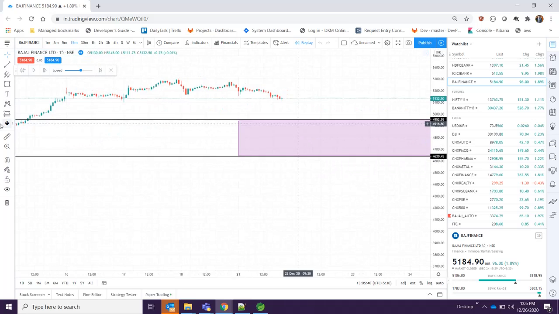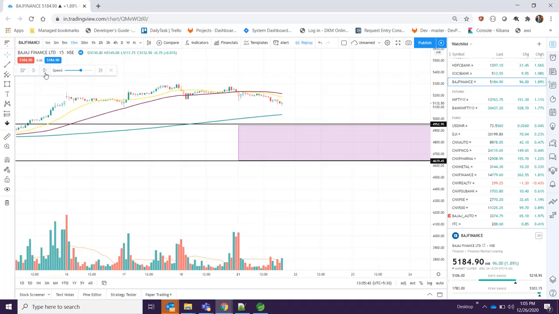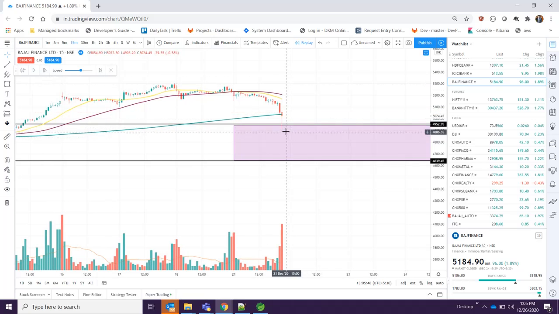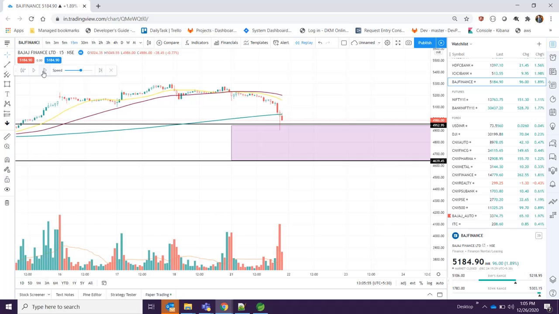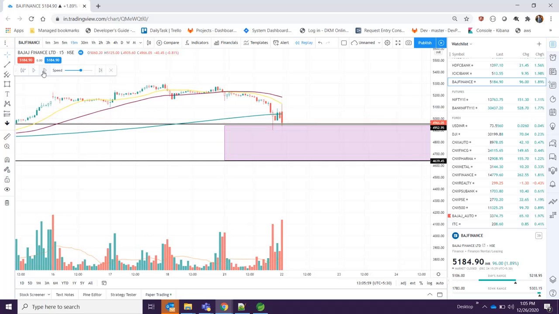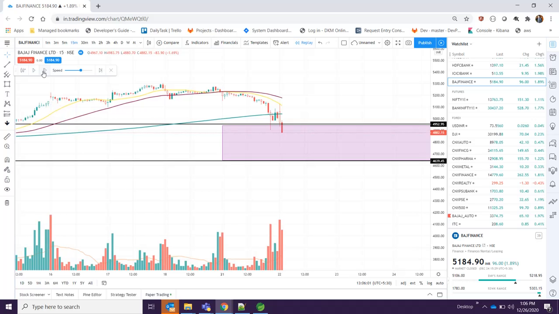So we will track an entry into this. Let me move forward. So this is the time when it comes, but we will not take entry at this time. We will wait for a W pattern breakout. There is no W pattern breakout, no breakout.